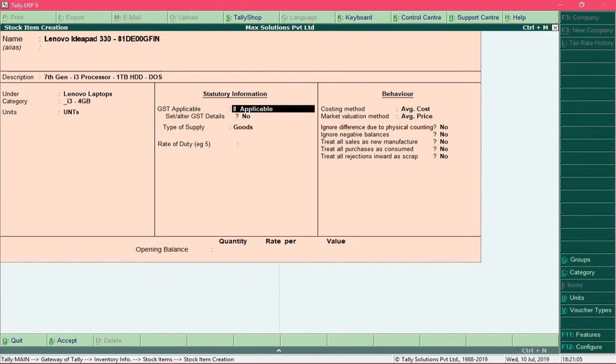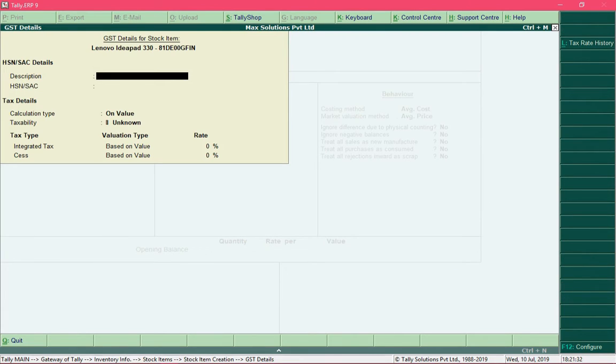Alright, so now in the field statutory information, we need to specify whether GST is applicable on this product or not. So yes, GST is going to be applicable on this product, so I'm not going to change the first field over here. And the field set or alter GST details, so if you change this option to yes and press enter, you would be asked to provide the HSN details and the tax rate for this product.